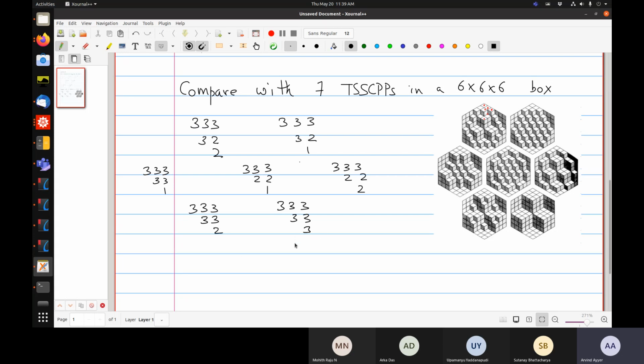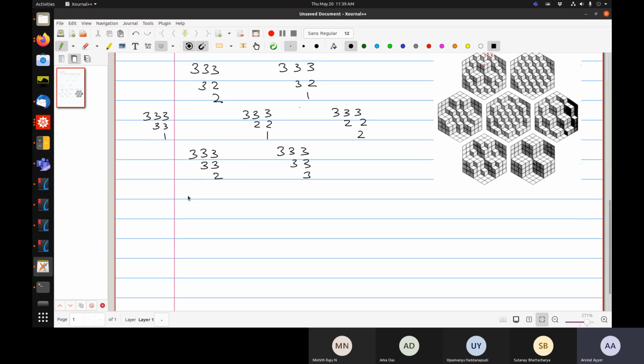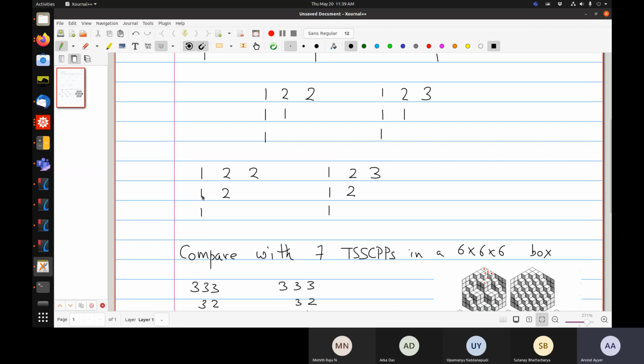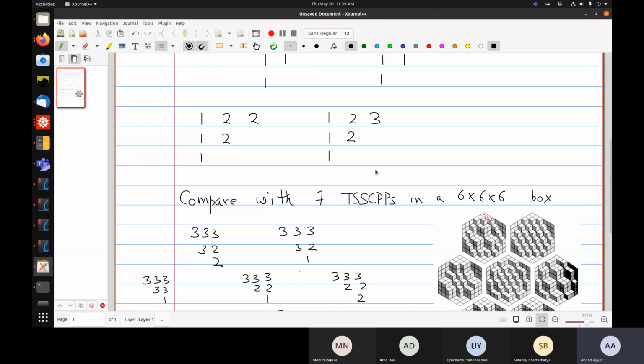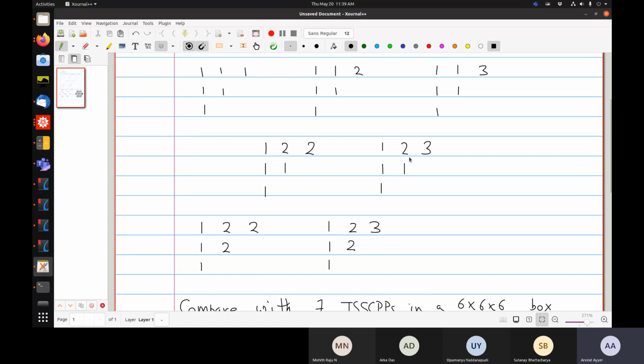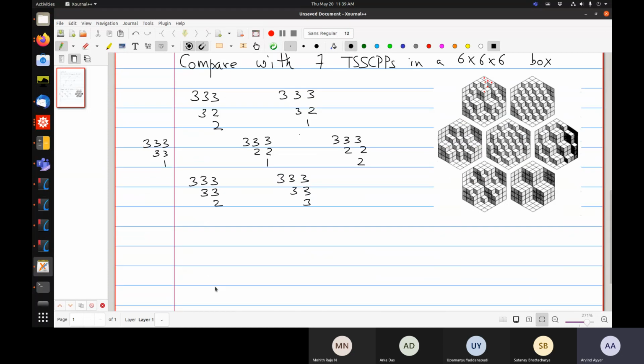And now if you subtract every entry from 4 and rotate counterclockwise, I claim that you will get these 7. So for example, let's take this. I'll not do all of them.